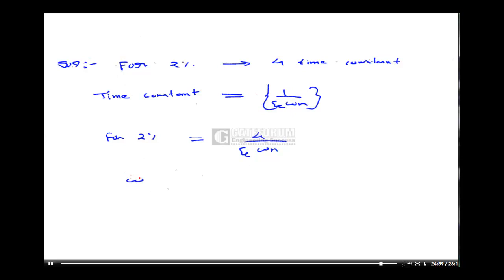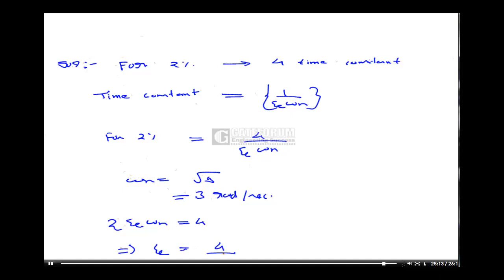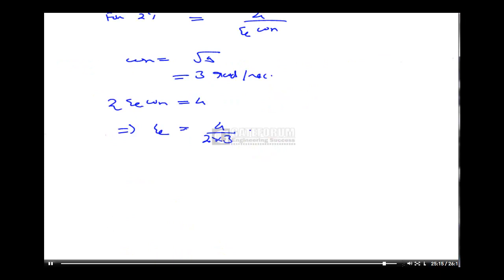Now omega n is equal to root 9, which is equal to 3 radians per second, so zeta omega n is equal to 4... this implies zeta equal to 4 by 2 into 3, which is 2 by 3. Thus settling time Ts equals 4 into 3 upon 2 into 3, which is equal to 2 seconds. So this is the answer for that.